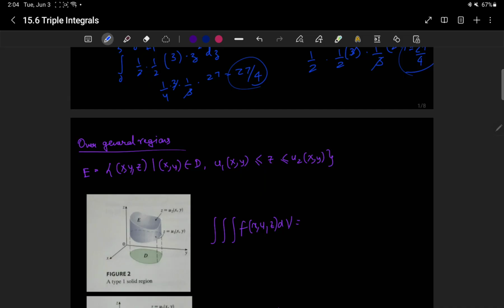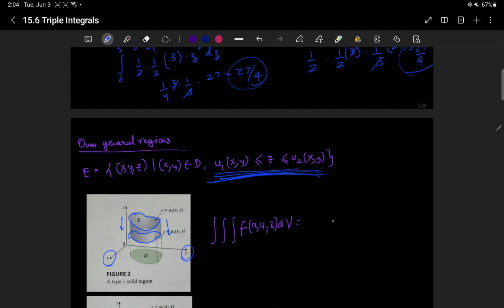What is the definition of a type 1 solid region? It is when the limits or the shape is such that z is the part that varies, so it goes from z = u1(x,y) to u2(x,y). In this case, we will project it down to the xy plane and get this region.